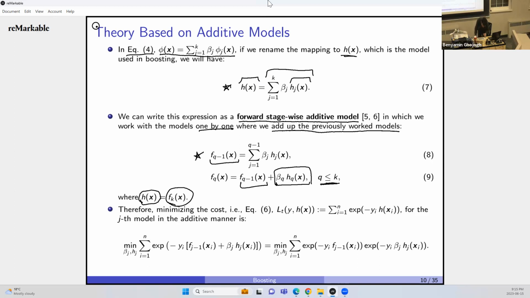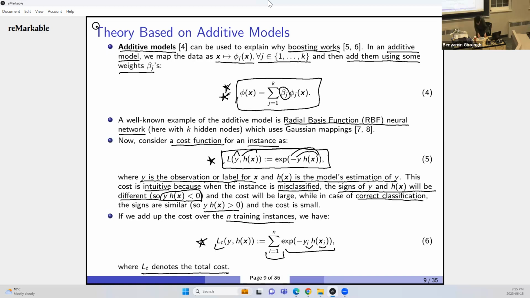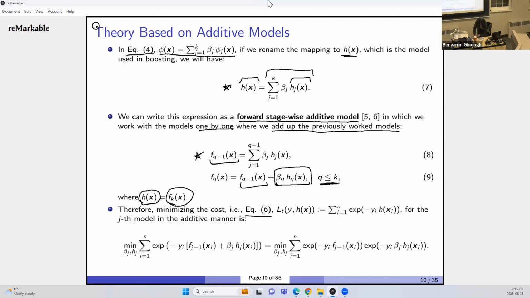Okay, therefore, minimizing the cost, equation 6, what was cost? This one, which we talked about, equation 6. I have repeated it here for the jth model in an additive manner. Now I'm writing the cost in a forward stage-wise additive model. How?